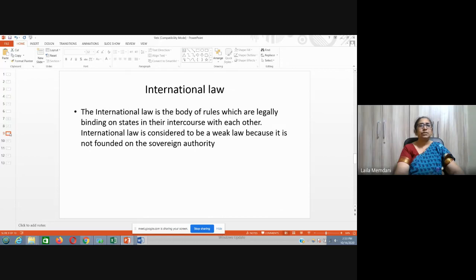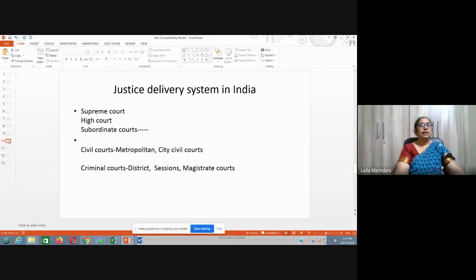Then, international law. It is the body of rules and regulations which are binding on the states. Now, international law is considered as the weak law because there is no sovereign authority to implement this law. Now, coming to the justice delivery system in India, we have Supreme Court, High Court, and subordinate courts.